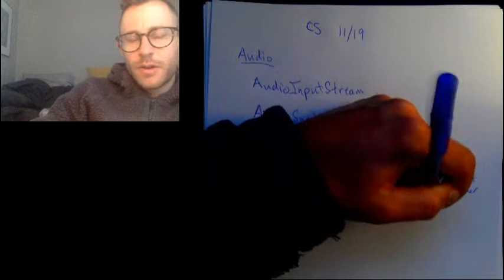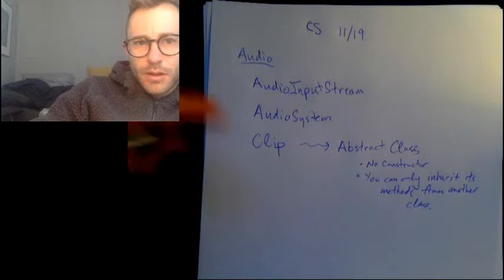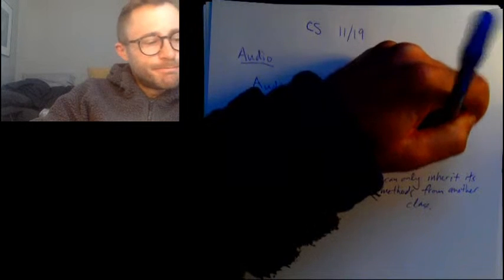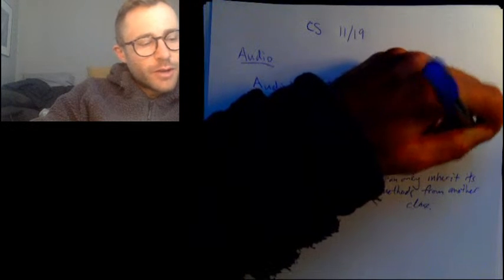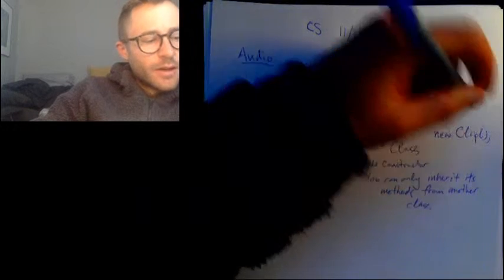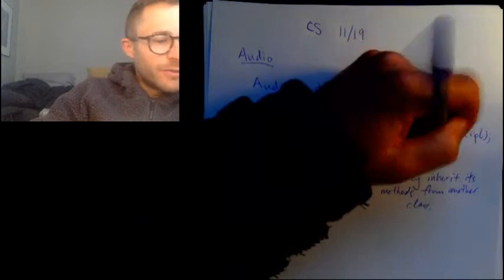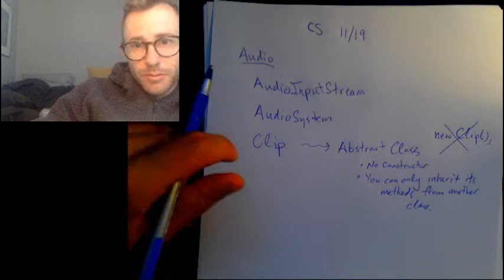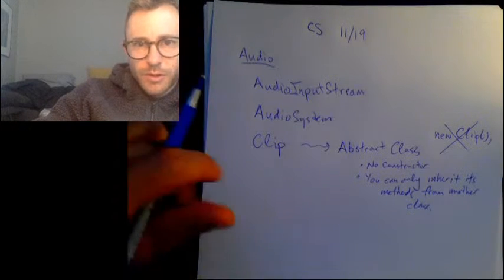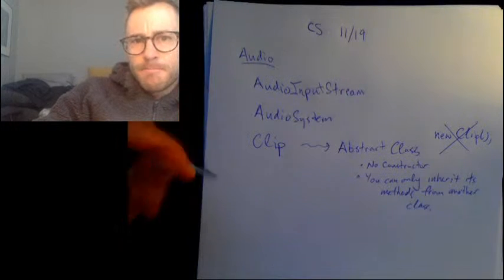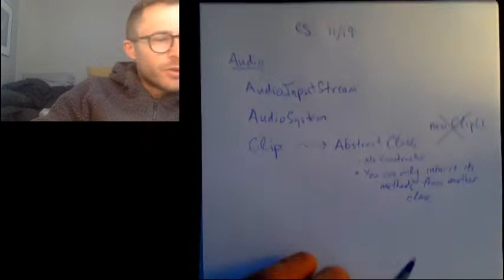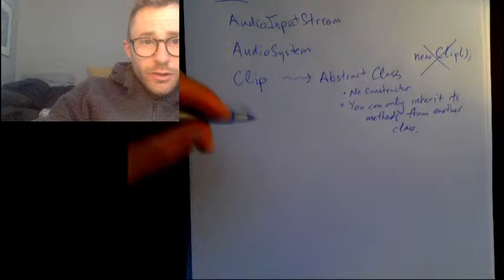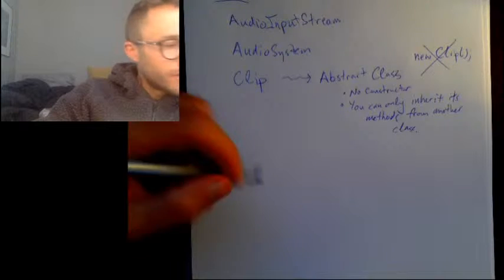Okay, so you can't say, for example, new clip. That would give you an error. However, you can define something as a clip if it's something that inherits from the clip class. So it's a little bit weird. We're also going to be using what's called a try-catch block.